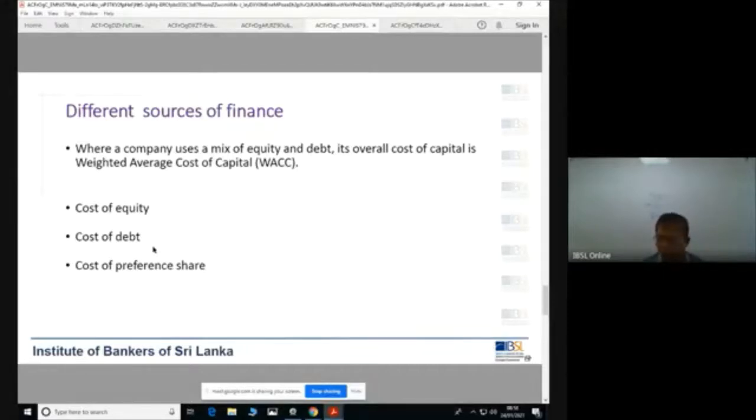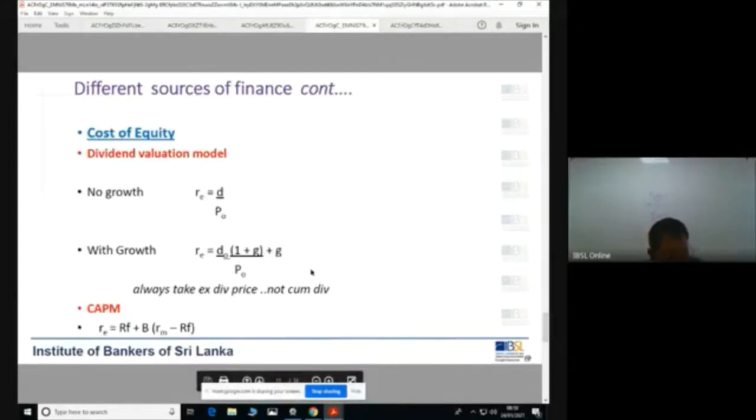So the cost of equity, how do you find out the cost of equity for a company? There are two methods for you to calculate. One is the dividend model. The other one is CAPM, the capital asset pricing model. Both are tested.